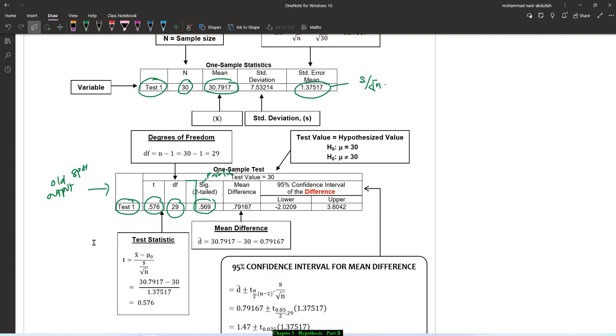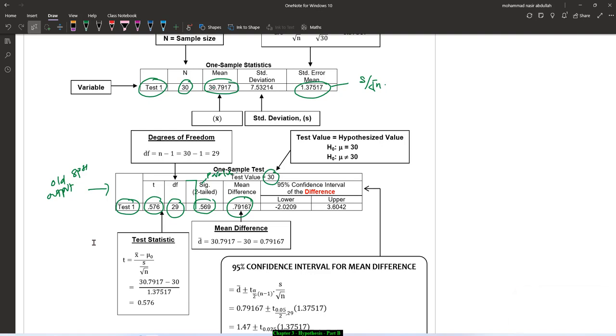And this is the mean difference. Mean difference is the mean minus the test value. The test value is 30, where mu is not equal to 30. So for the whole output, there is only a two-tail p-value.